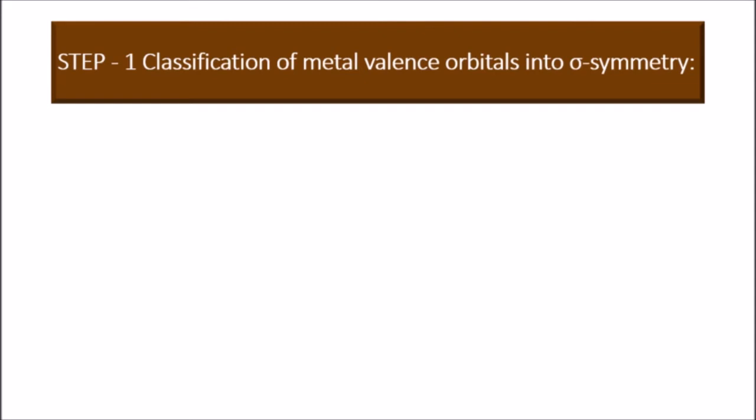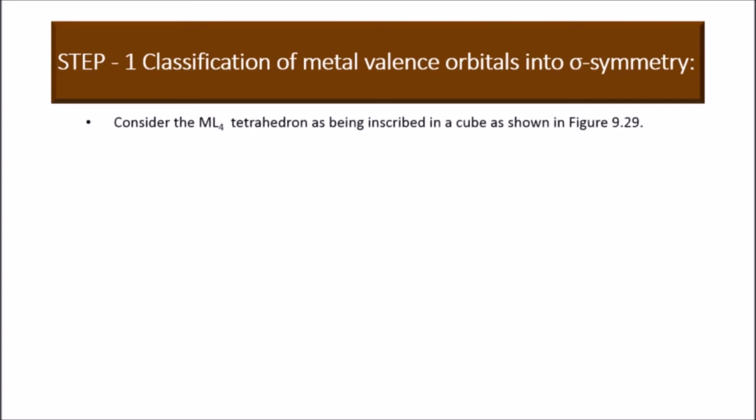So let's start with the four-step explanation of MOED formation for tetrahedral geometry with only sigma donation. Step one is the classification of metal valence orbitals into sigma symmetry. First, consider the ML4 tetrahedron as being inscribed in a cube. We're going to see how it is in the cube structure.